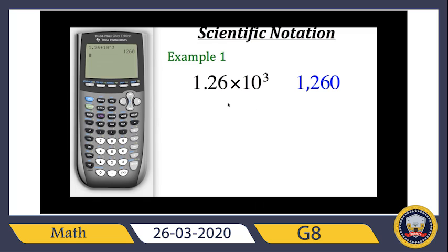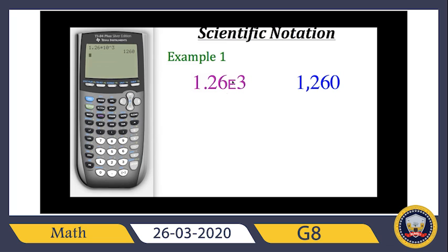Now there's actually a simpler way to do this on the calculator. Rather than doing the times 10 raised to the third power, the calculator uses this uppercase E. So if we put in 1.26 E3, that represents 1.26 times 10 to the third power.